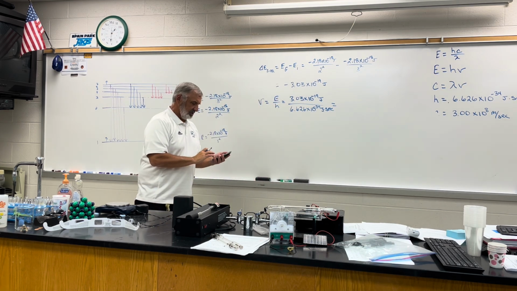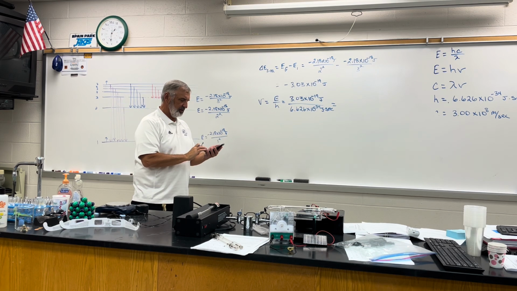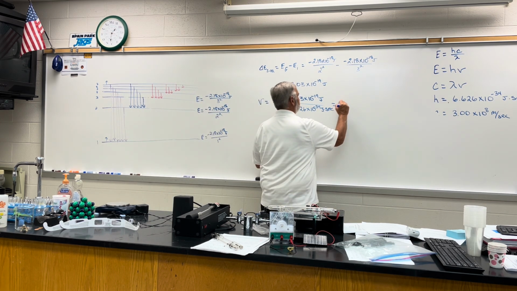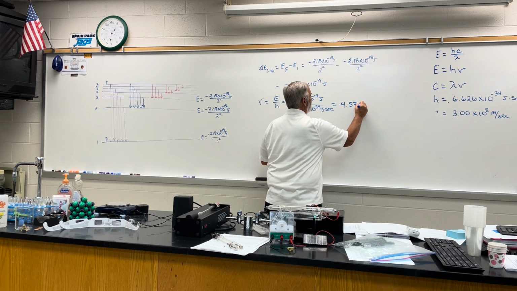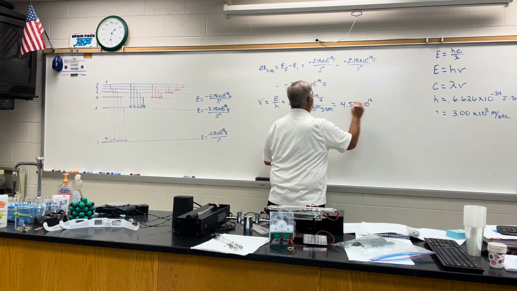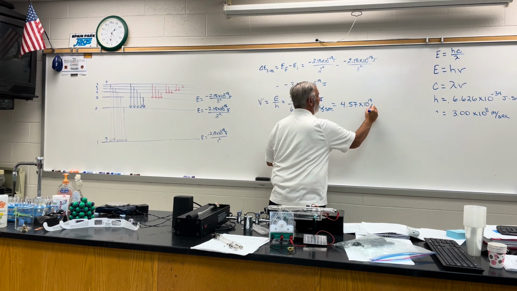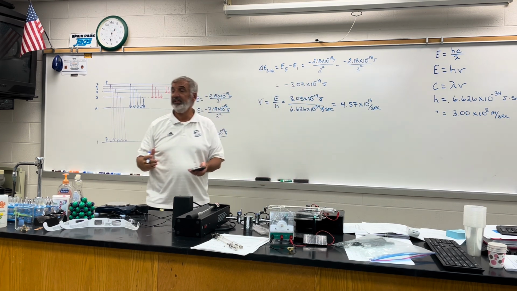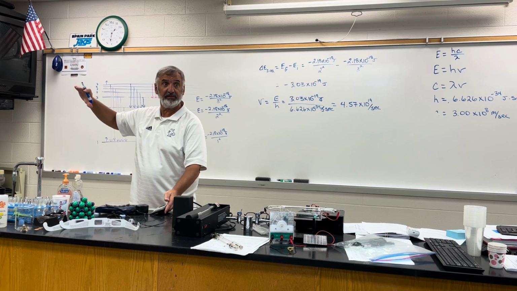And I can get 4.57 times 10 to the 14th, and joules are going to cancel. That's going to be per second, which is a hertz. That's the frequency that the photon is going to be traveling in.